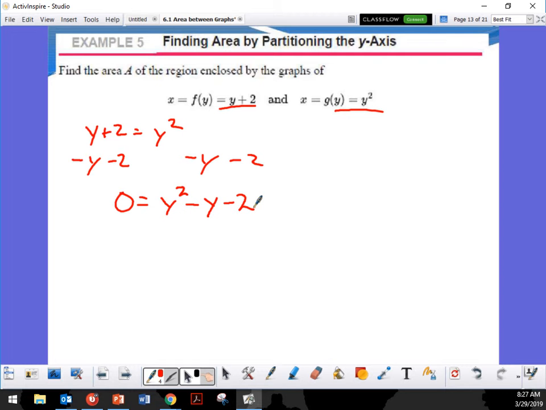When I add them together, they have to give me negative 1. That means it has to be a negative 2 times a positive 1. I multiply it, I get negative 2. I add those two together, I get a negative 1. And that's what I was looking for. So now I get y minus 2 and y plus 1.